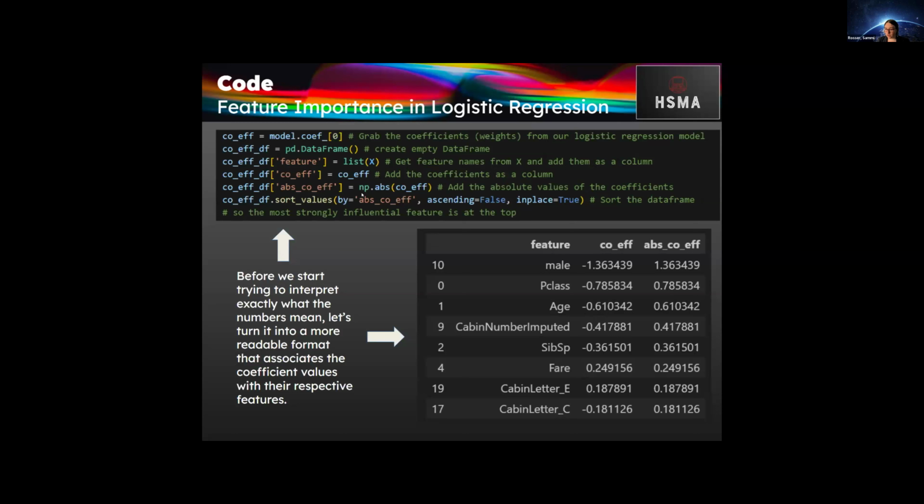Finally, we've just sorted by the absolute coefficient values. So again, this has just allowed us to put the most important, most impactful feature at the top here.